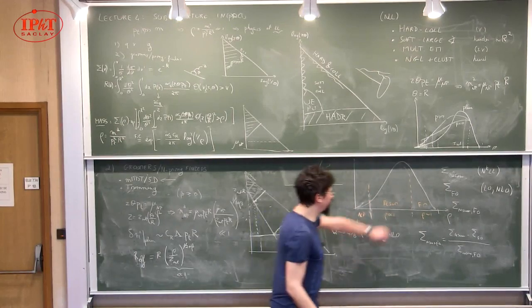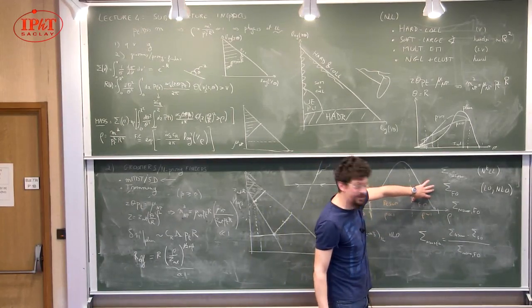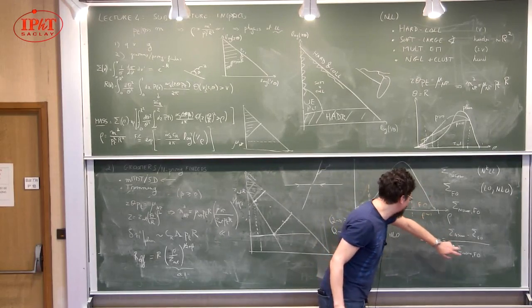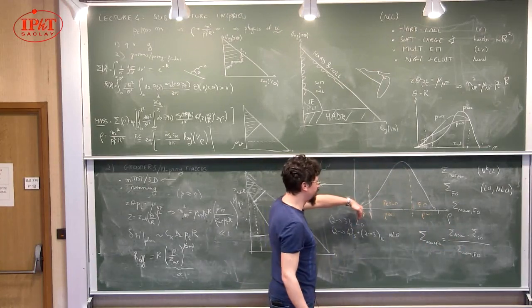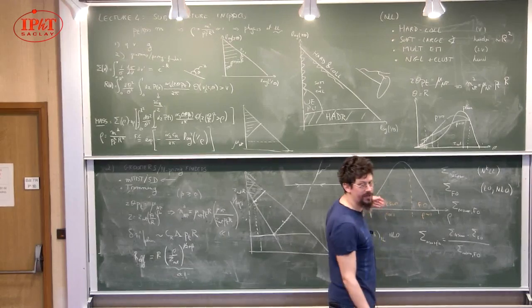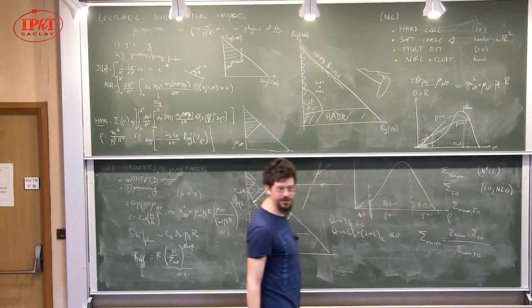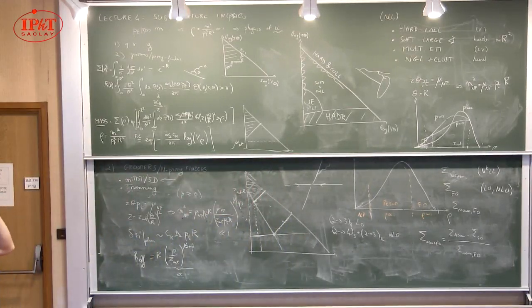Give or take, if you go in this region here, the fixed order is valid, so these two will essentially be the same and they cancel. So in this region you recover the fixed order. If you go in this region here, actually it's the opposite. In this region, the fixed order expansion should be well captured by your resummation formula, so these two will cancel and you recover the resummation formula. There's a different one. This is called R matching, or it's a multiplicative matching formula.